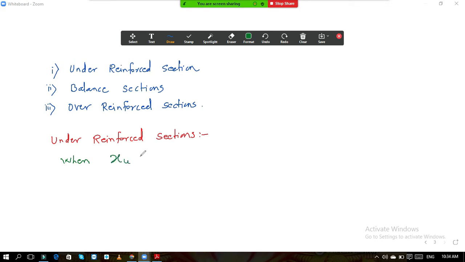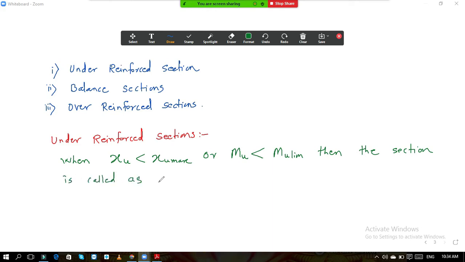When XU is less than XU max, or your bending moment MU is less than MU limiting, then the section is called an under reinforced section.